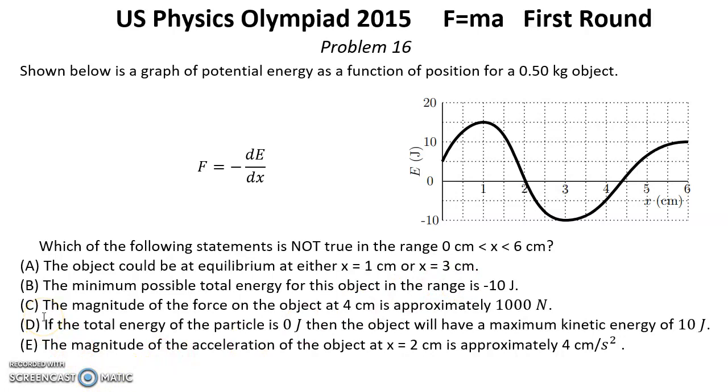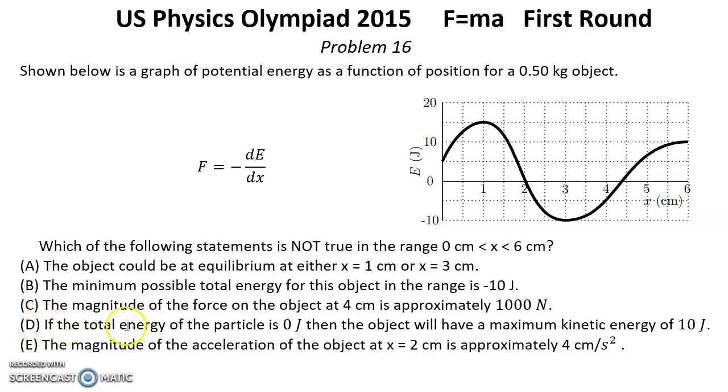C. The magnitude of the force on the object at 4 centimeters is approximately 1000 newtons. Let's check. Here the slope is 10 divided by 1 centimeter, which is 0.01 meter, so the slope is 1000, which is true. So it means that C is not correct.